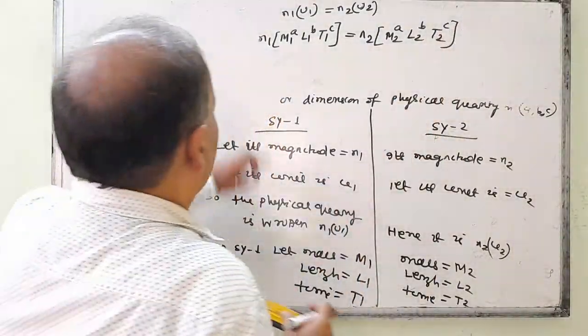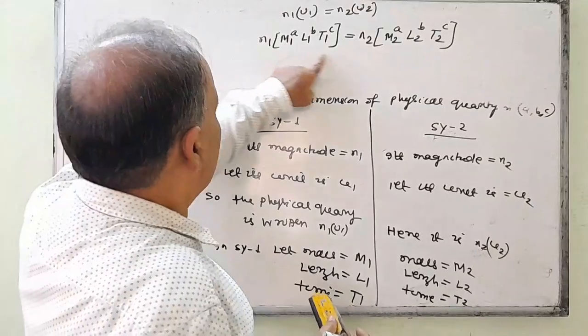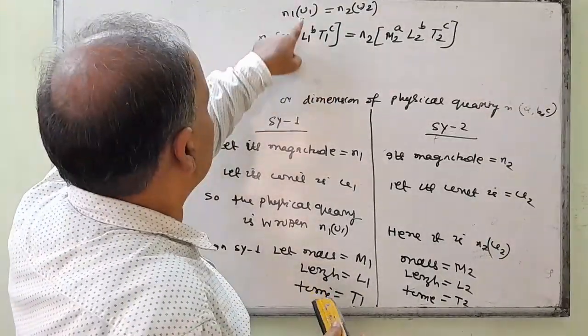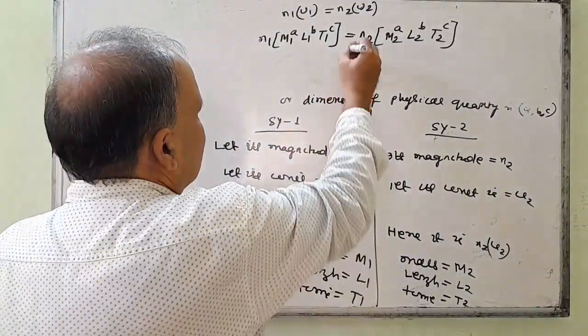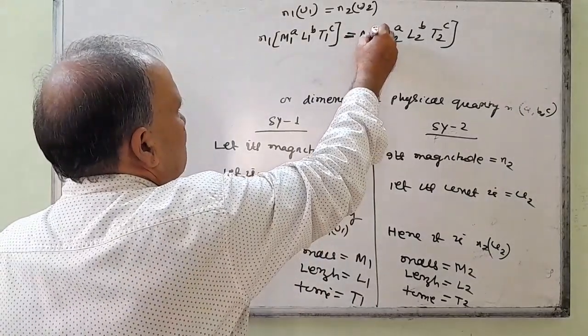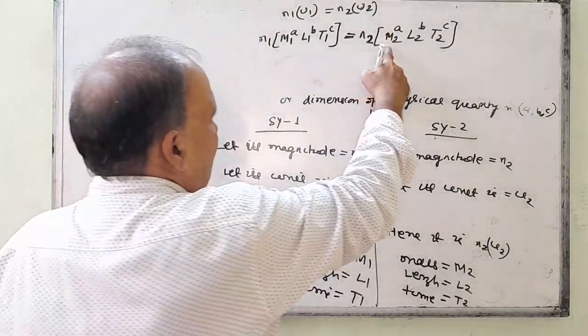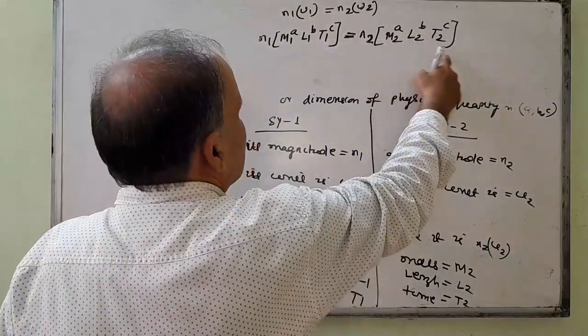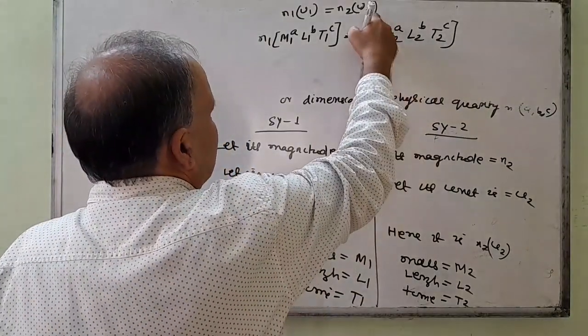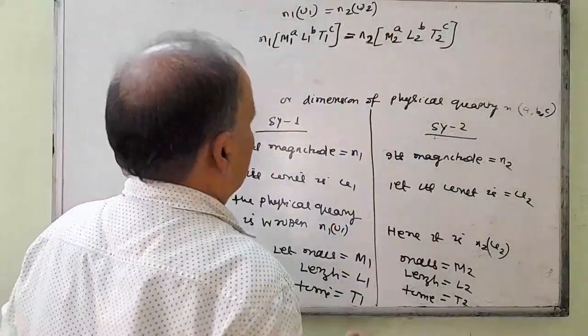You see, N1 gives the magnitude and this dimension gives its unit. Similarly, in system 2, N2 gives the magnitude and this dimensional formula gives the unit in system 2.